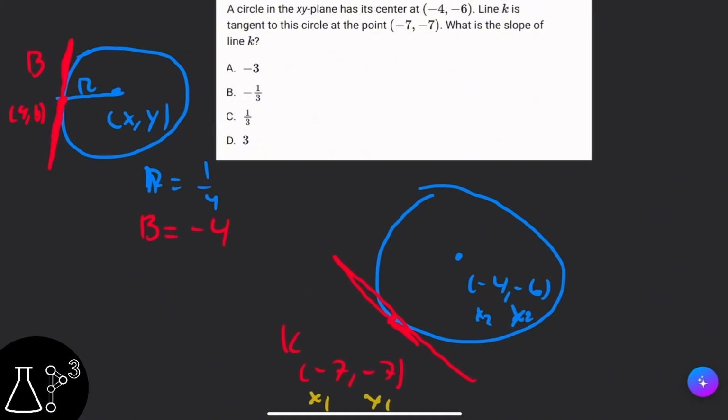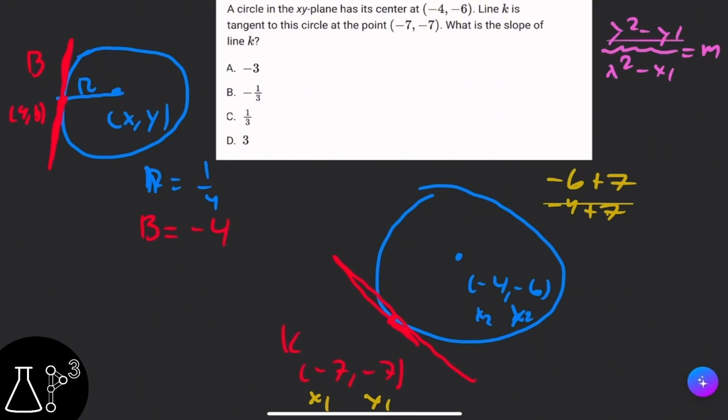If we rewrite that, we get negative 6 plus 7 divided by negative 4 plus 7. This is the slope formula: y2 minus y1 over x2 minus x1, which gives you m, the slope. I hope that makes sense.